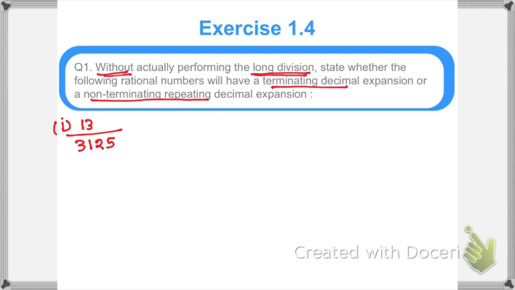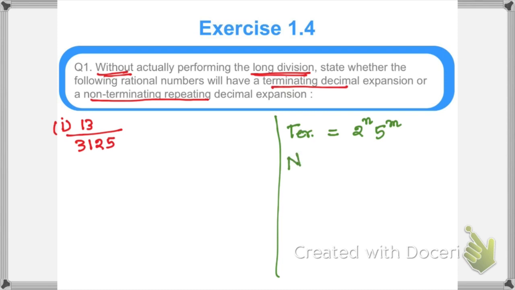So what we have learned in the theorem? We have learned in the theorem that for terminating decimal expansion, the denominator should be in the form of 2 to the power n, 5 to the power m.